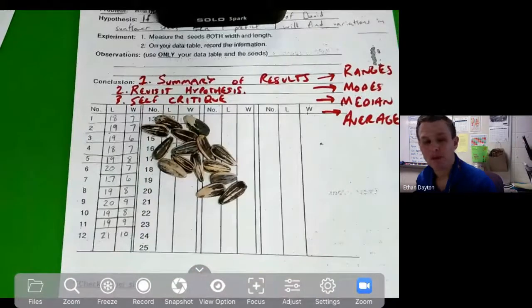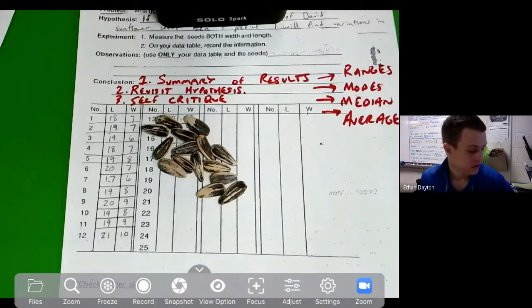What happened? Why did we do this? What does this prove again? This proves that sunflowers reproduce sexually. They have sexual reproduction. They have 2 parents. There's a male part and a female part of the flower. The male part produces the pollen.